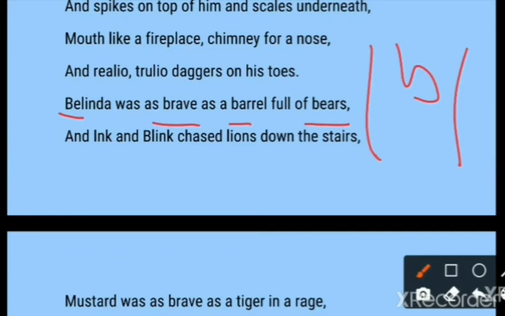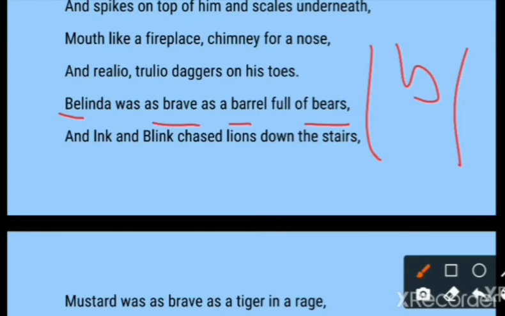Belinda starts with a b sound, brave starts with a b sound, barrel starts with a b sound, bears starts with a b sound. So this b sound is repeated in the nearby words of this line. That is what we call alliteration.